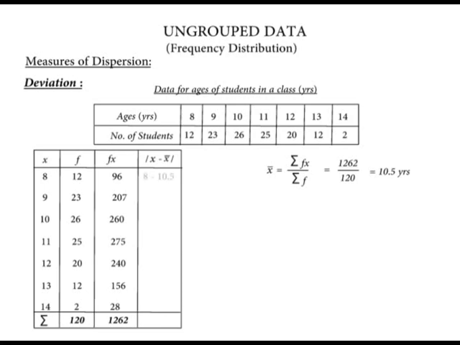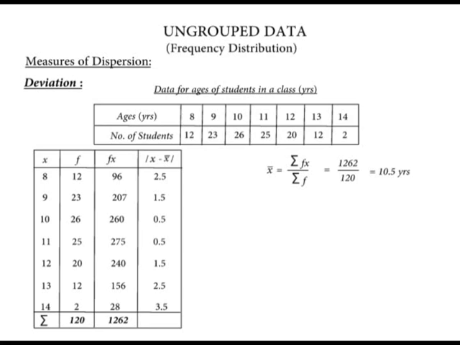So we have 8 minus 10.5, which is minus 2.5. The absolute value is 2.5. We ignore the sign. 9 minus 10.5 is minus 1.5. We ignore the sign and get 1.5. 10 minus 10.5 is minus 0.5. We ignore the sign again. And if we proceed like that, we shall get 0.5, 1.5, 2.5, 3.5.